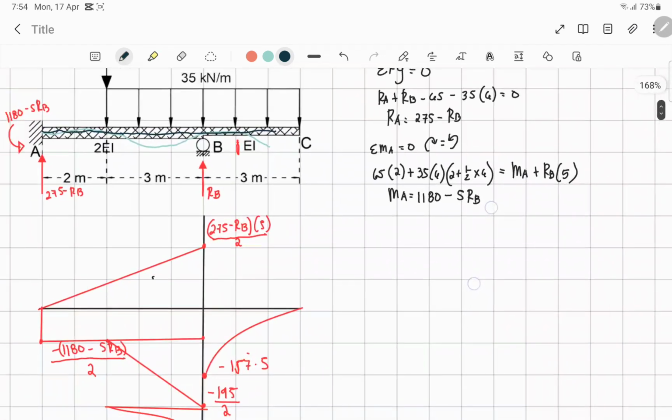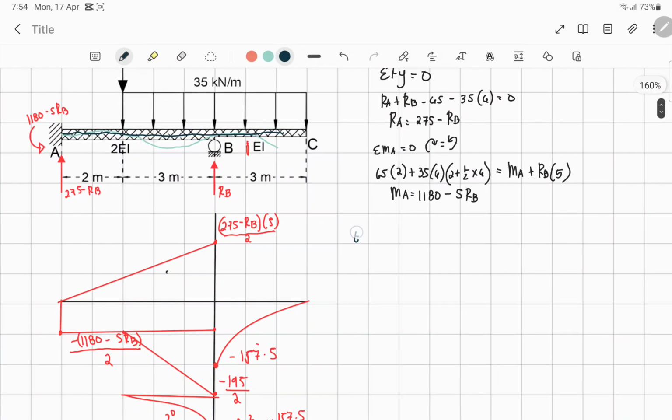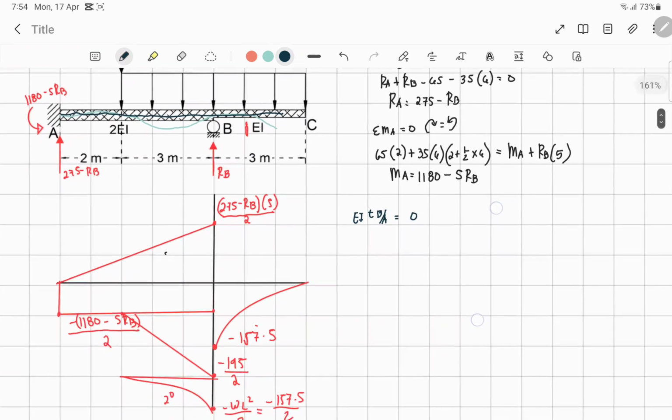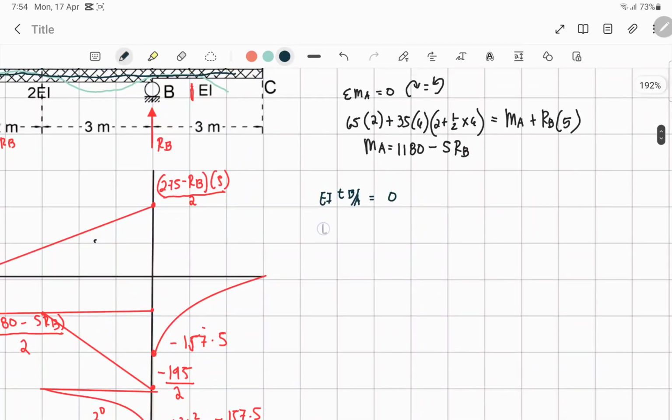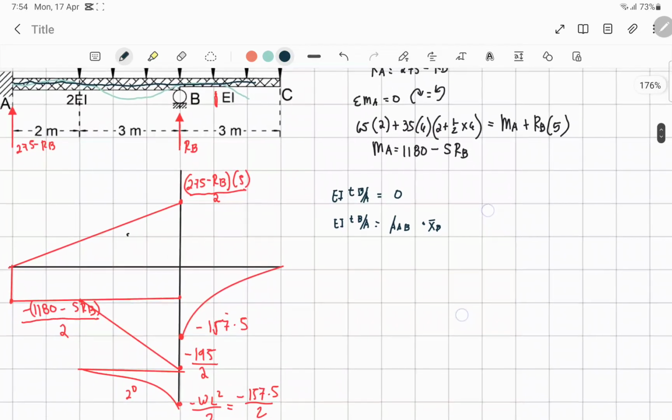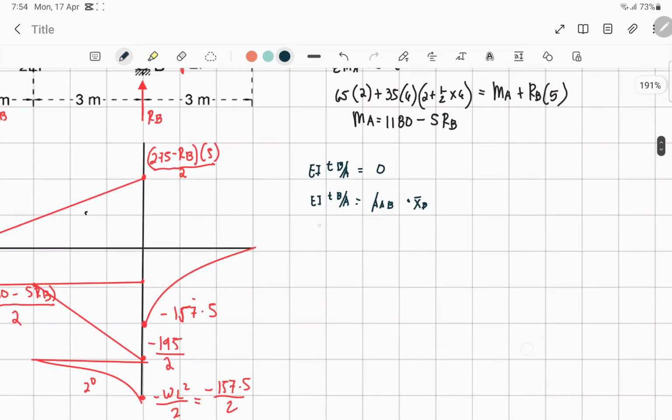And then now, sulat ko na yun, that the deviation of B with respect to A should be equal to 0. Okay? So, since our deviation is just equal to the area that is considered times the centroid with the point of consideration. Okay? So, yan.